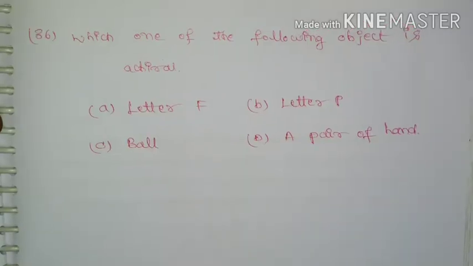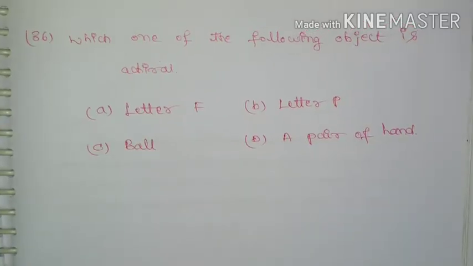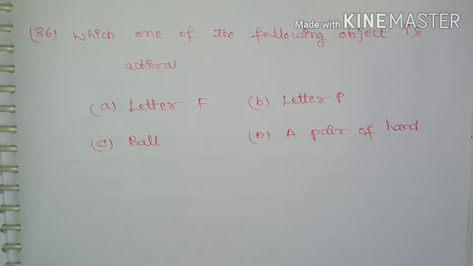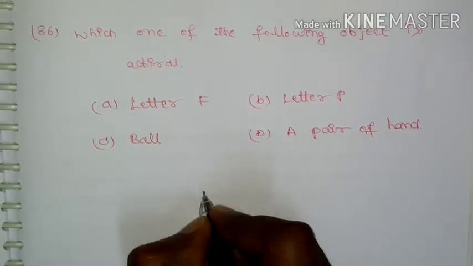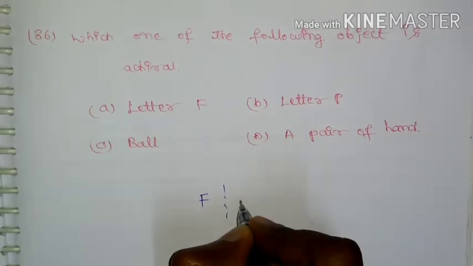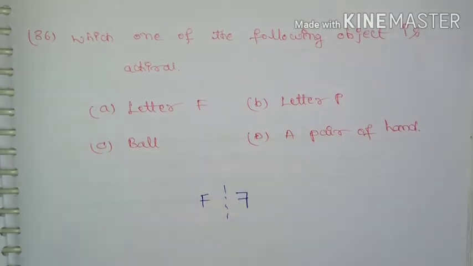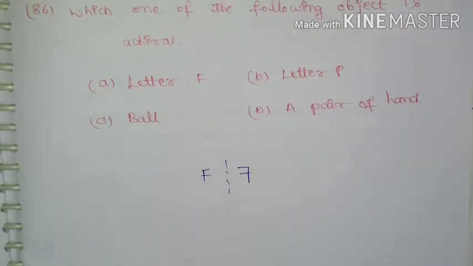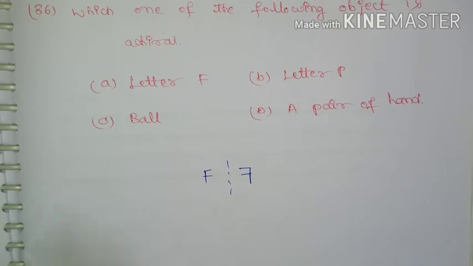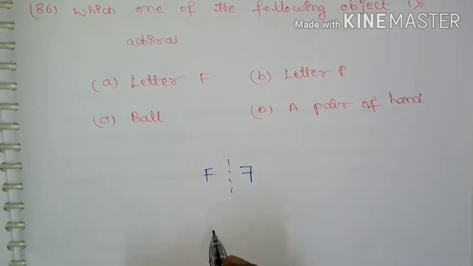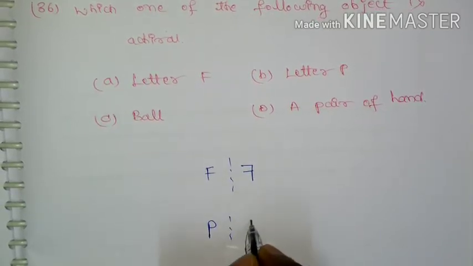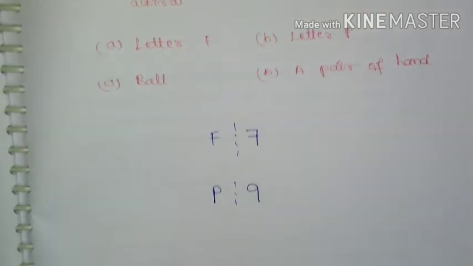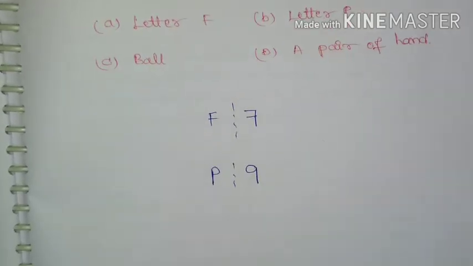So the next question is: which one of the following objects is achiral? We need to identify the achiral object. If you take letter F and take its mirror image, it has a non-superimposable mirror image, so it is chiral. And if you consider P, this also has non-superimposable mirror images.